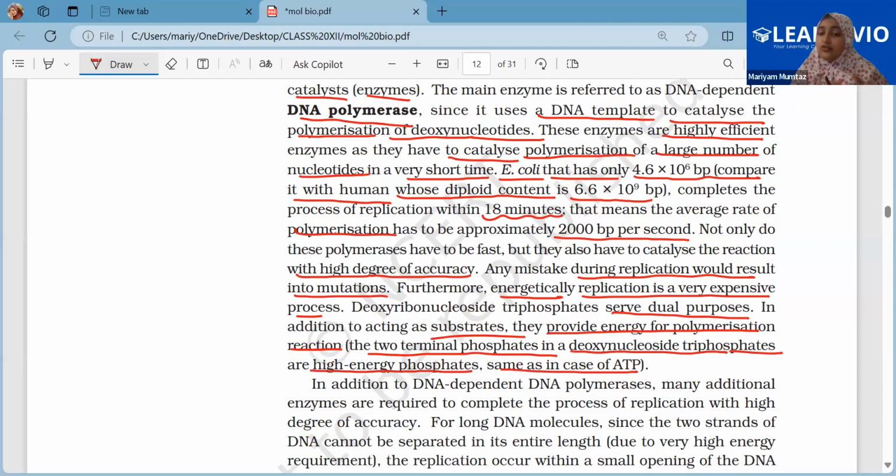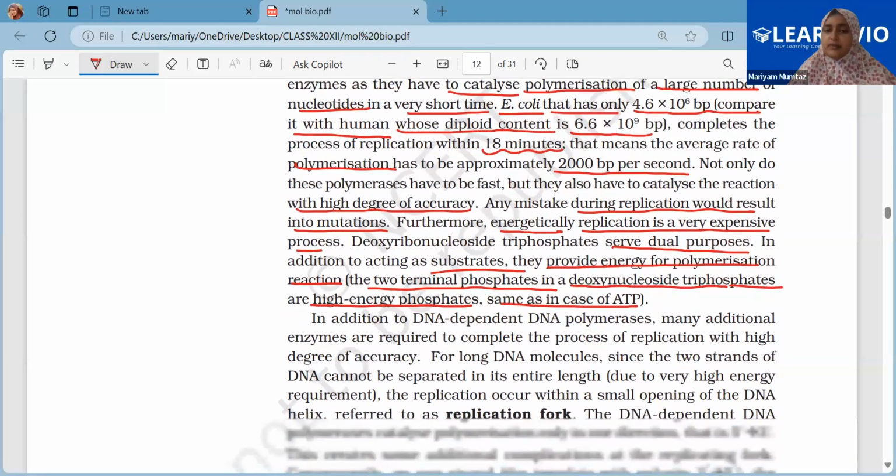Like how adenosine triphosphate is there, same way for replication, because it requires a huge amount of energy, higher than the normal, ATP will not suffice. So a greater molecule will be required, and that particular one is deoxynucleoside triphosphate. They have a high amount of energy that serves the replication process.